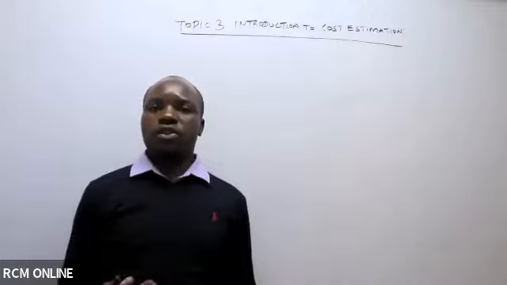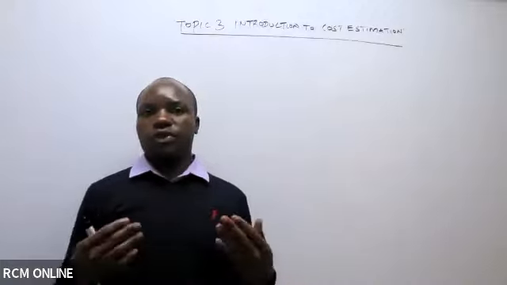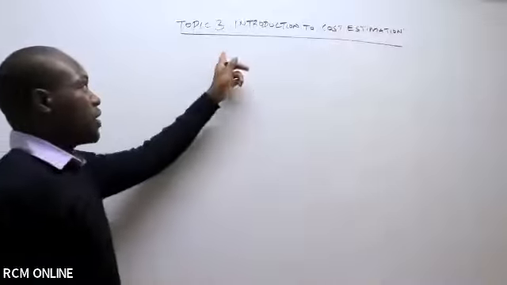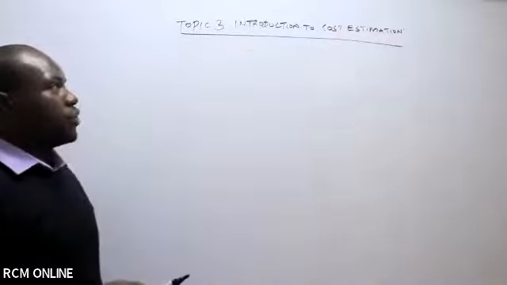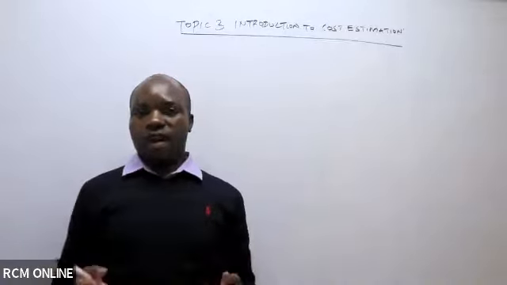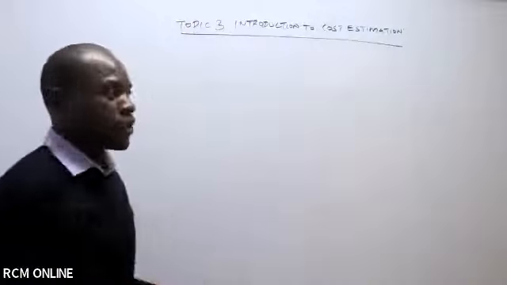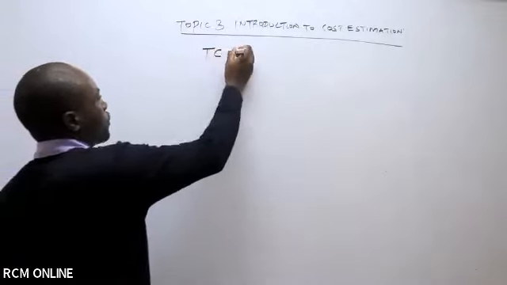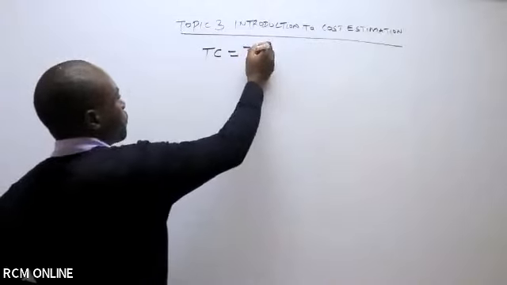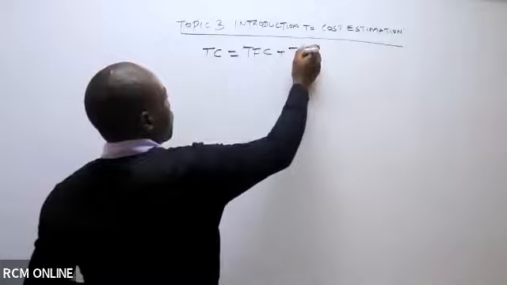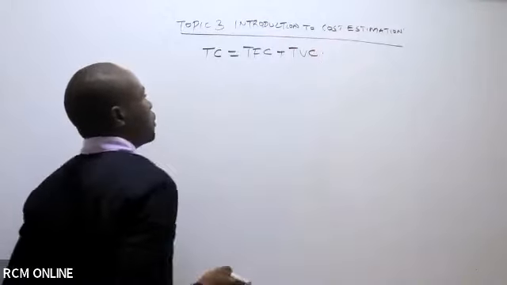So under cost estimation, we have many methods that we're going to use to do our cost estimation. As the topic reads, introduction, we are not going to deal with more than one independent variable. That is, our cost function will be in the simplest form, that is total cost is equal to total fixed cost plus total variable cost.